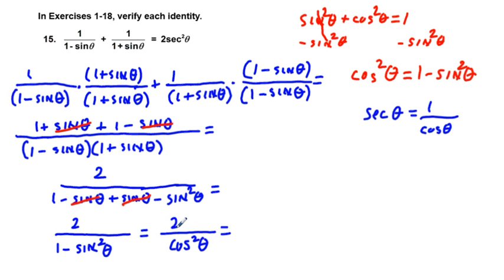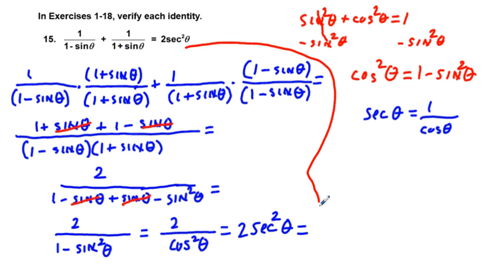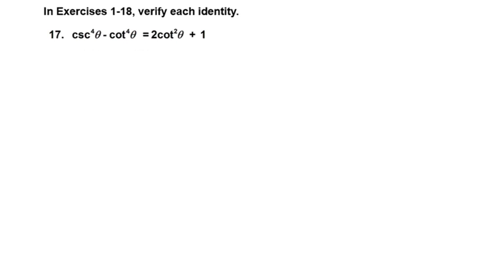So we can rewrite this 2 over cosine squared theta as 2 secant squared theta, which equals what we started out with here, right? 2 secant squared theta. So 2 secant squared theta, check. Okay, so next let's go on to problem 17.